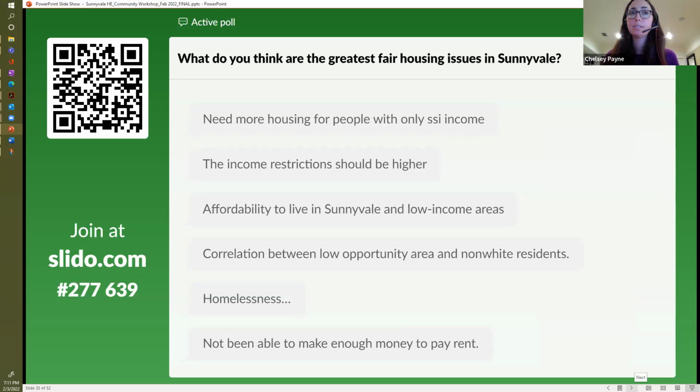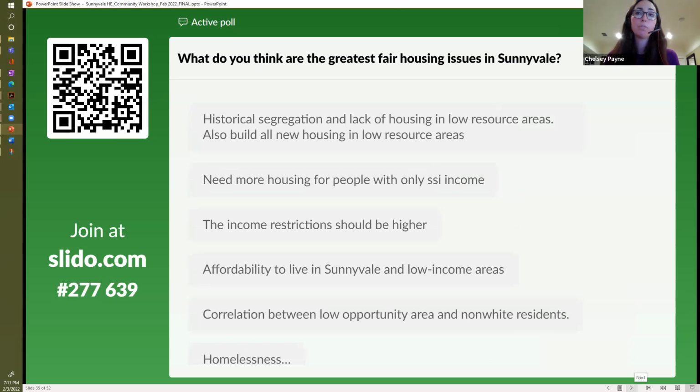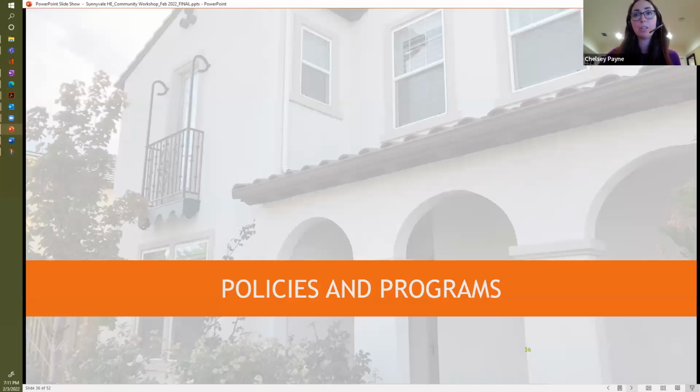All right, great, thank you very much. So we'll be providing a very detailed fair housing assessment where we dig into these issues some more and then work very closely with the city to develop policies and programs. Historical segregation and lack of housing in low resource areas, also build all new housing in low resource areas. All right. Okay, thank you very much for that.